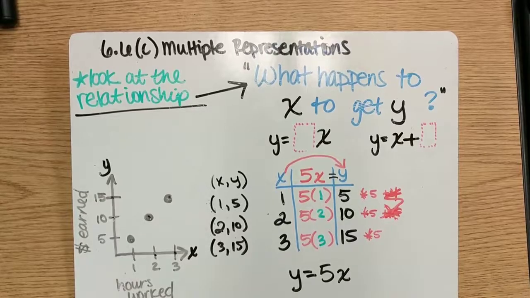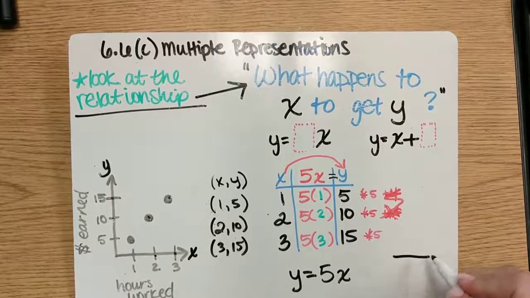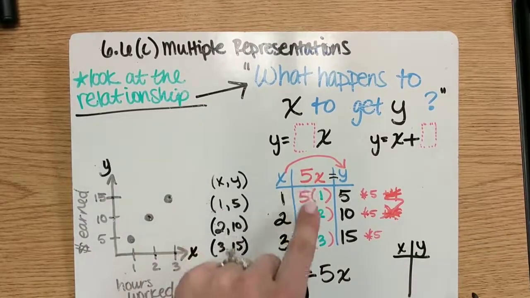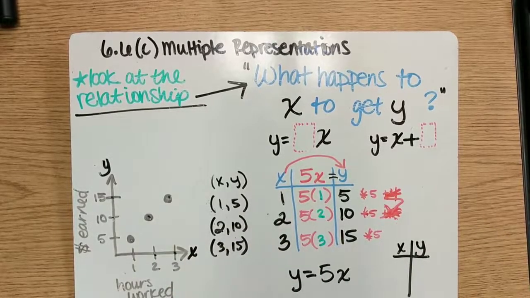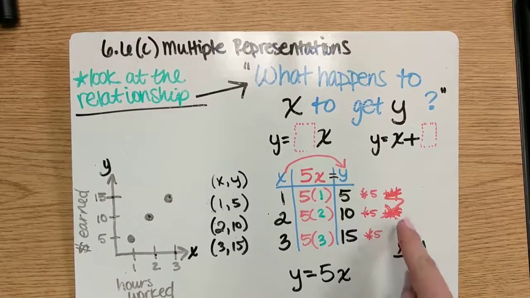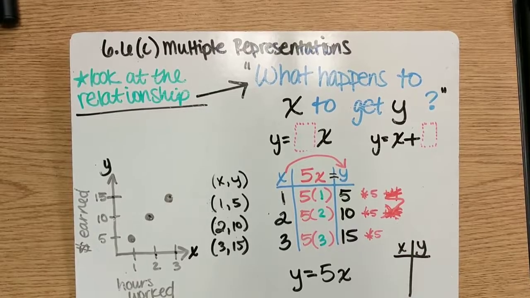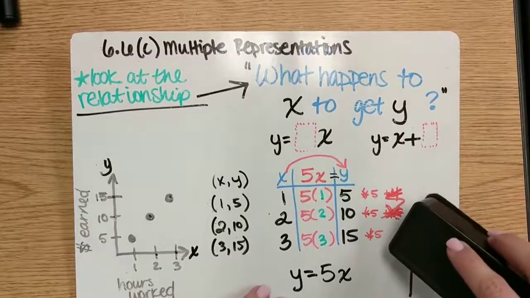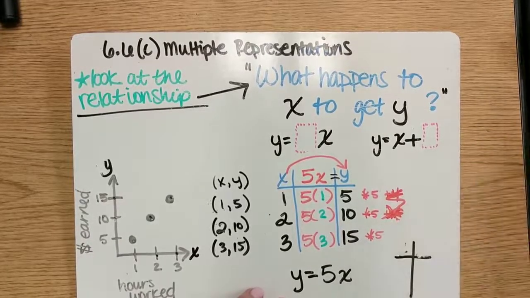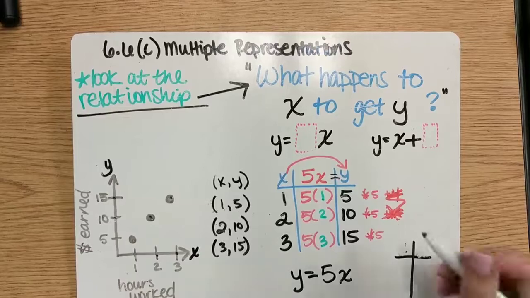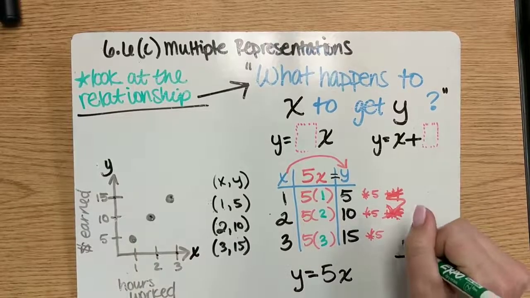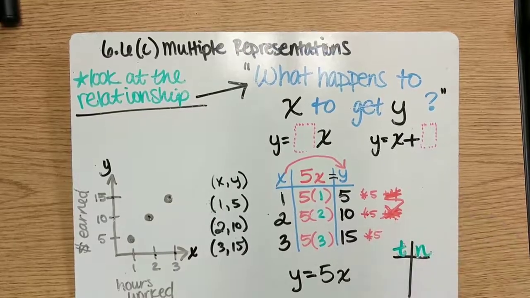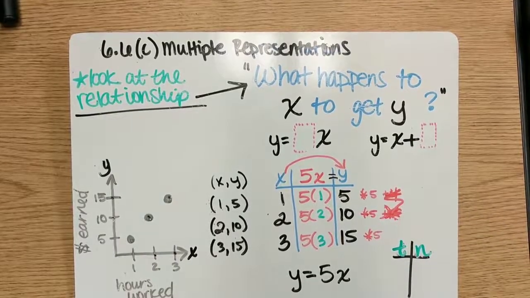Sometimes you might see your table like this, an x, y table, and there's not that space in the middle. And you've got your numbers here. Still, x is always the first one, y is always the second one. Now, STAAR likes to trick you a little bit, and sometimes they might put in a letter like T and N. Same thing.